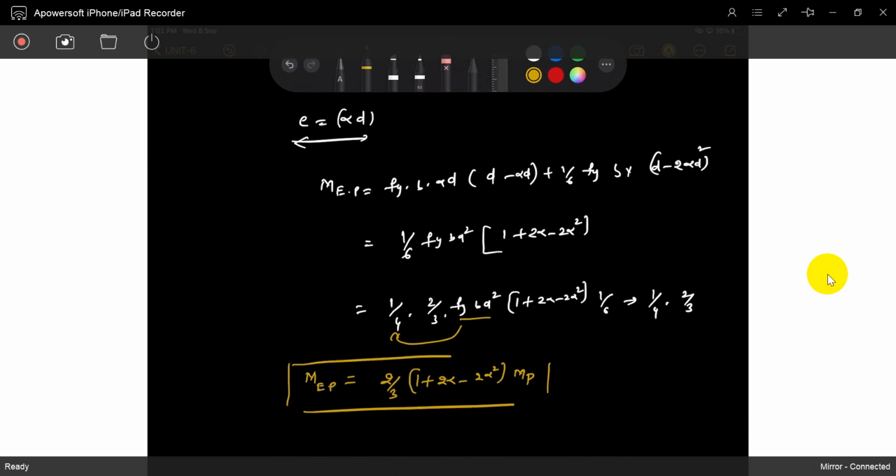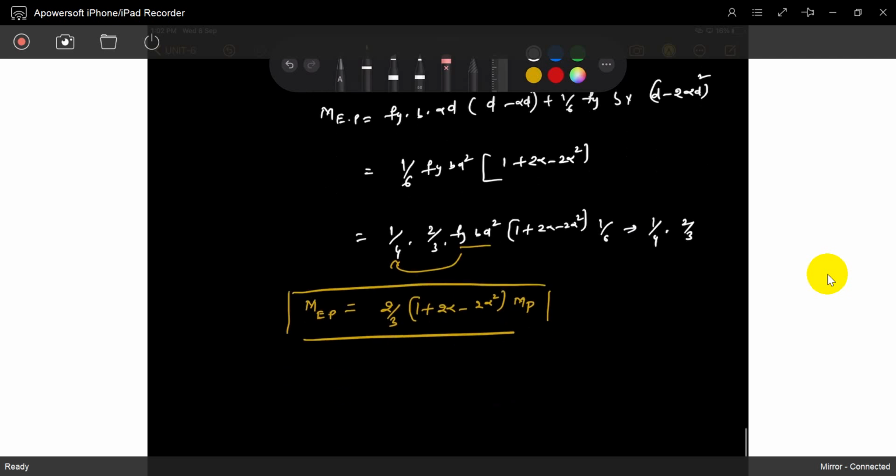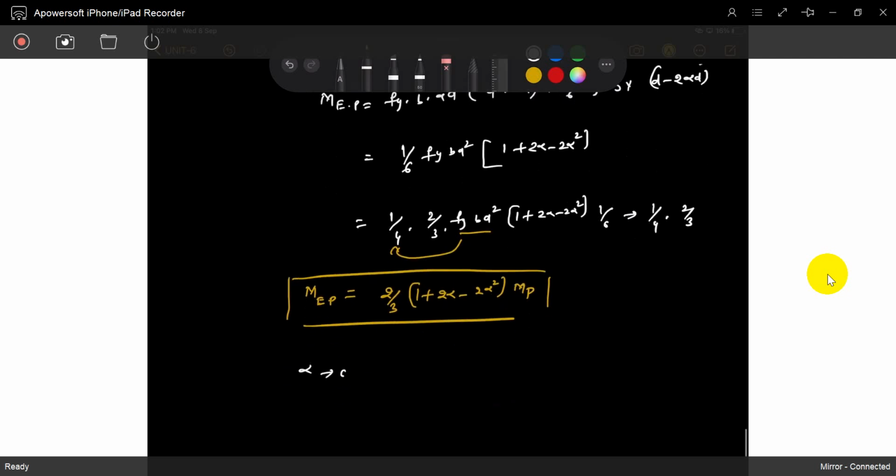Now we can observe it. If alpha is 0, MEP is exactly equal to how much percentage? Put alpha as 0: 2 by 3 of MP, that is 0.667 of MP.